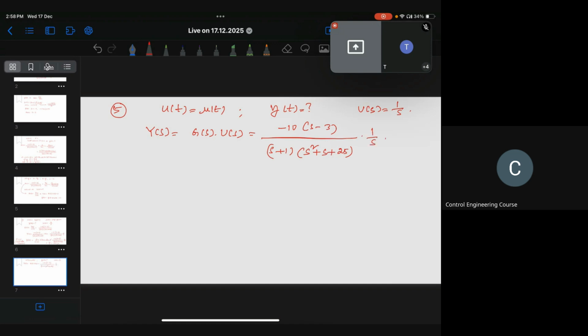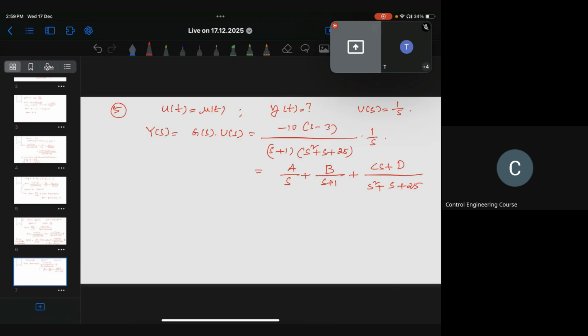Using partial fractions, we can write it as A by s plus B by (s + 1) plus (Cs + D) by (s² + s + 25).